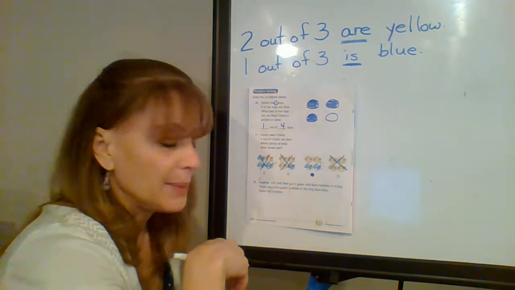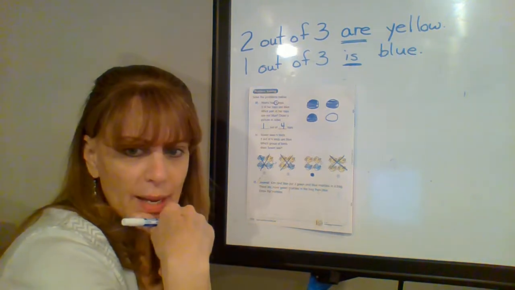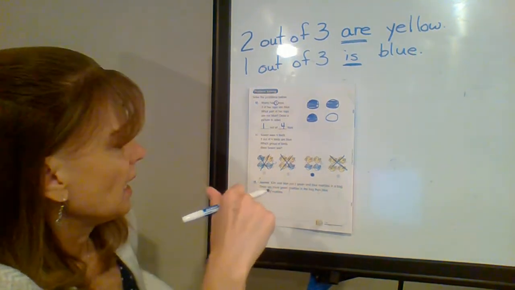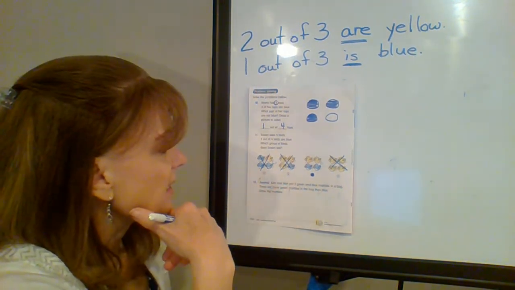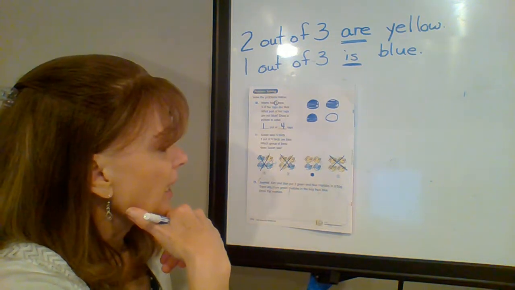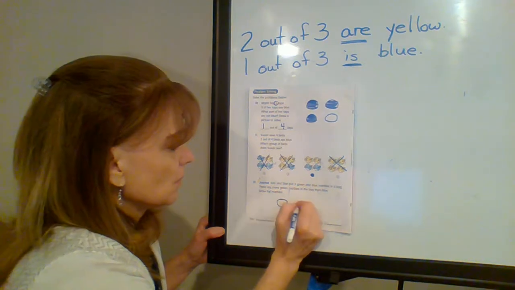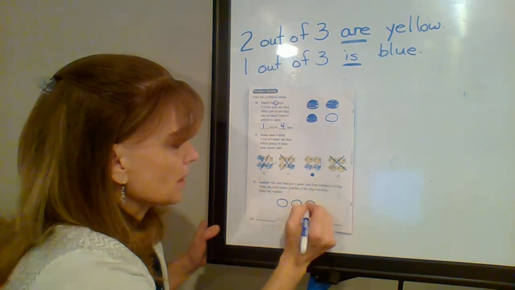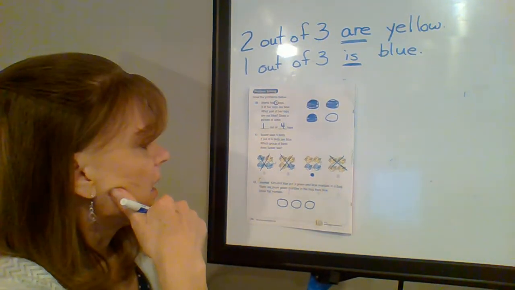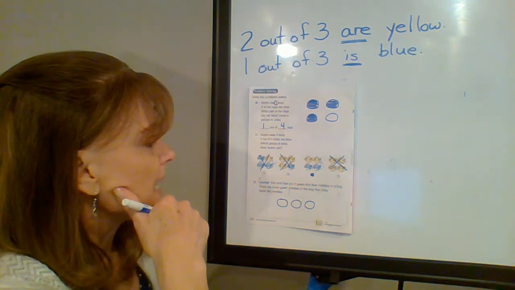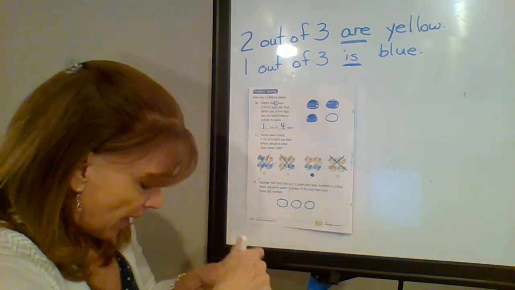Okay, are you ready? Here's a great one. This is a puzzler. Kim and Stan put 3 green and blue marbles in a bag. So 3 marbles in a bag. There are more green marbles in the bag than blue.